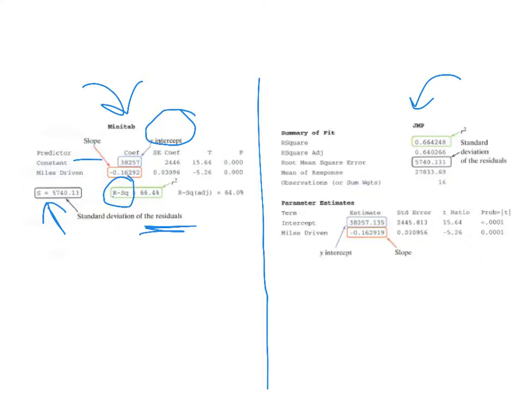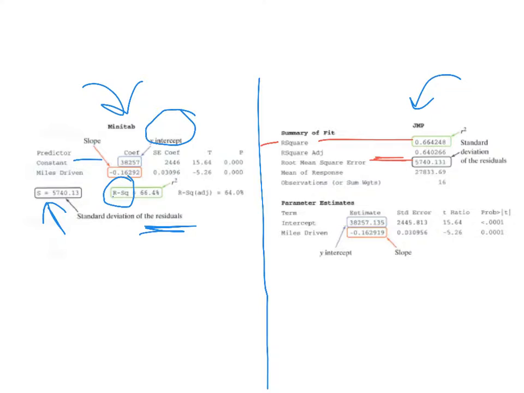If you're looking at the JMP computer printout over here on the right, you've got your R square, again written out for you, right here. You've got your standard deviation of the residuals, root mean square error. If you look at the formula for it, that name would make sense.